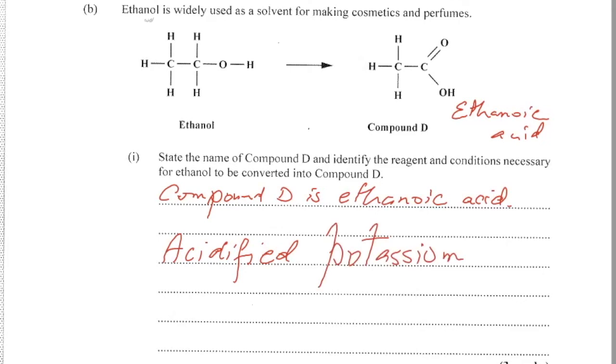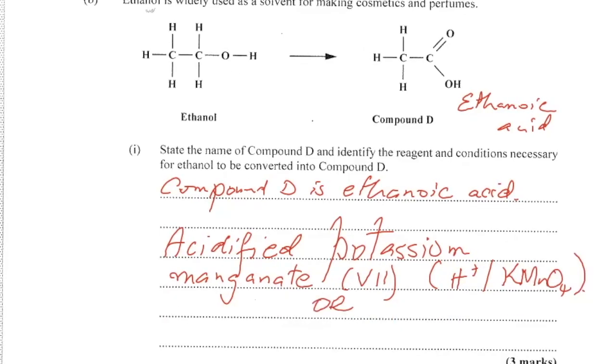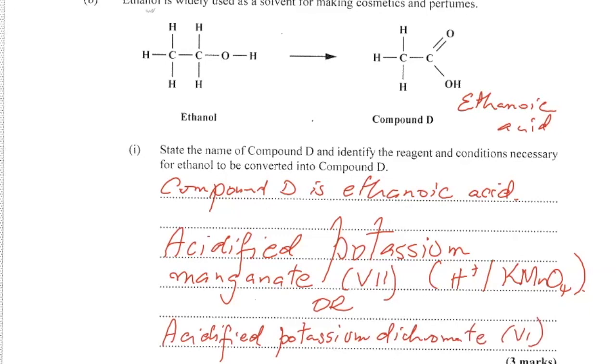Acidified potassium manganate(VII), in brackets H plus slash KMnO4, or acidified potassium dichromate(VI), H plus slash K2Cr2O7.